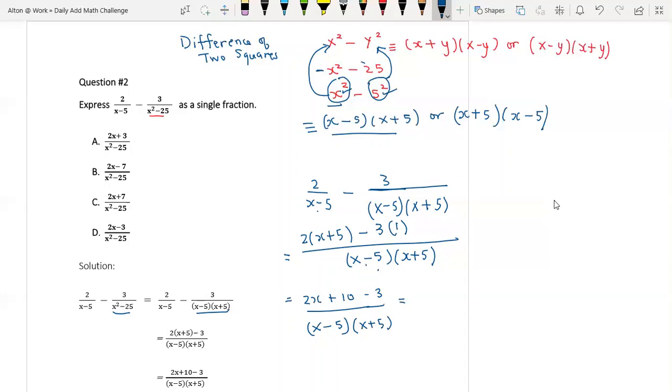Okay, and of course our numerator further simplifies to 2x plus 7, and we can rewrite the denominator originally as it was, as x squared minus 25, because we did say up here x squared minus 25 is the same as x minus 5 by x plus 5. Added to that, the denominator in each of these answers is written as x squared minus 25. So when we compare, the correct answer will be C.